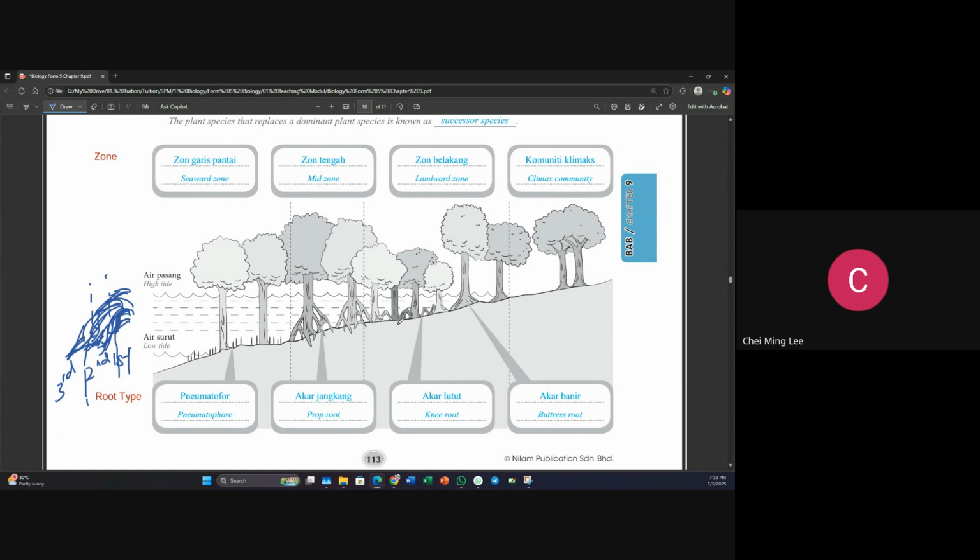Although we say seaward and so on, the process is really starting from here, the initial level. More and more has been grabbed, so it becomes higher and higher. So the land will expand further and further outward. Okay, so this is how it happens.